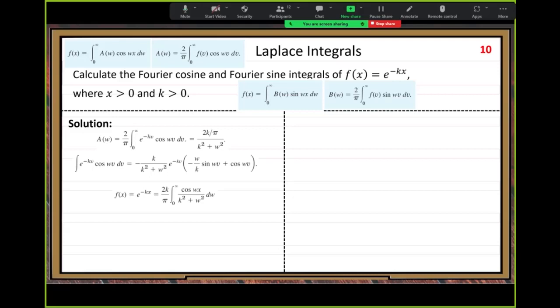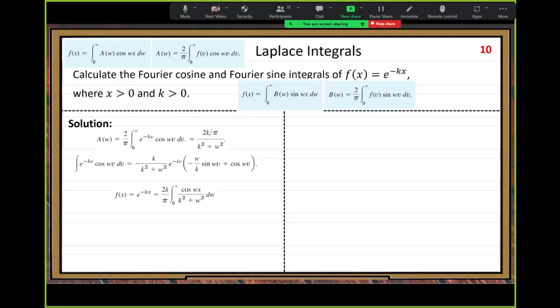But here, because of our Fourier integral, that's our result. Here you can see how powerful that formula is. So we get this expression.